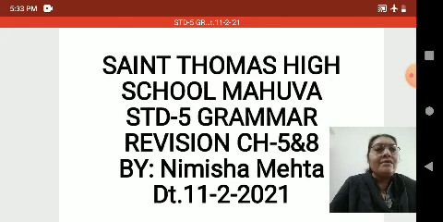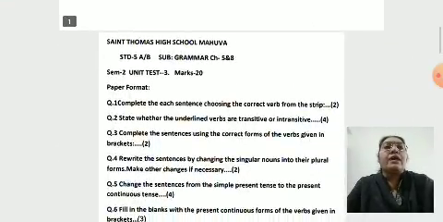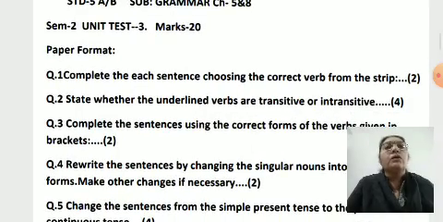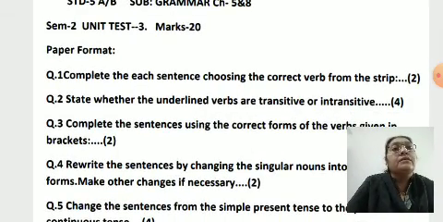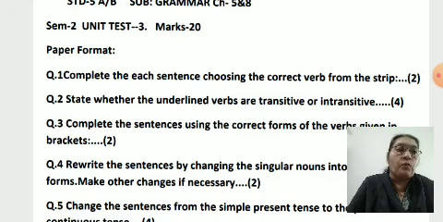We have started our revision for unit test 3 as per paper format. In that paper format, question 1: complete each sentence choosing the correct verb from the strip. I already gave the options. You have to choose and fill in. From this question, they ask for the suitable verb form from the simple present tense.